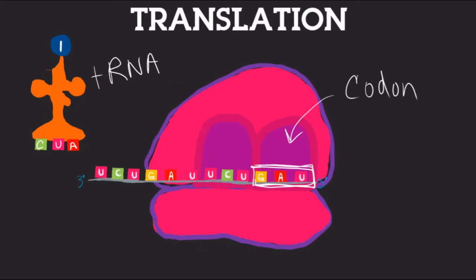A codon is a group of three. That's on the mRNA. And each codon is basically like a word in the DNA language. So each word is three letters, and they are going to code for a very specific amino acid, which I have drawn here and labeled as number 1.